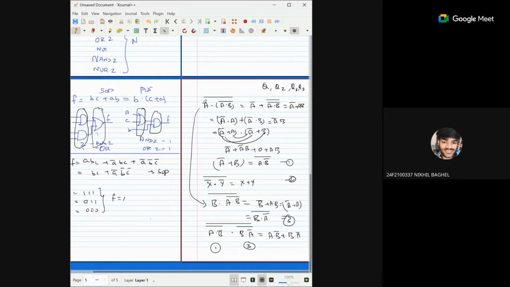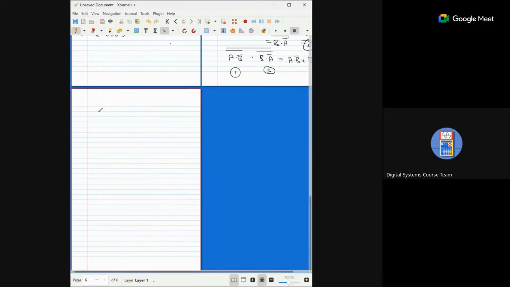If you do the same process, I'm taking A here and B here and producing the first output as A dot B the whole bar, which I did.